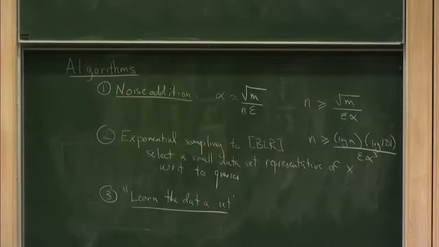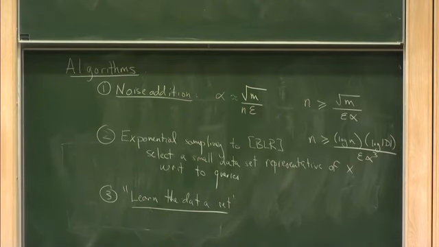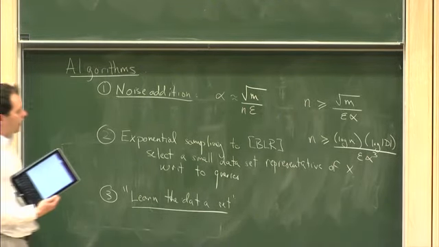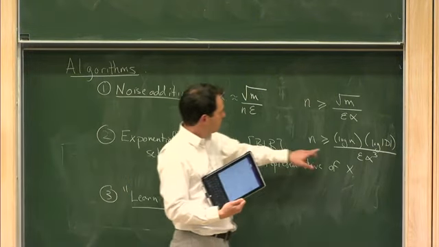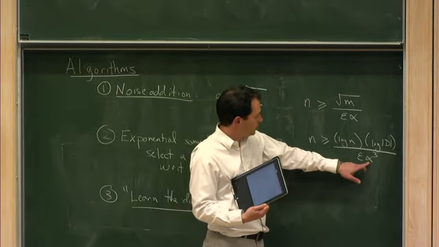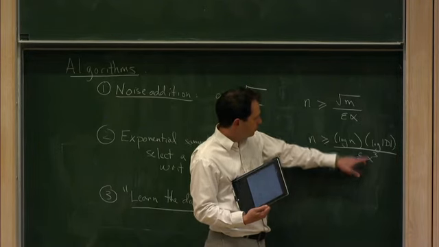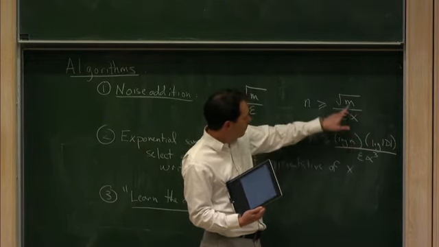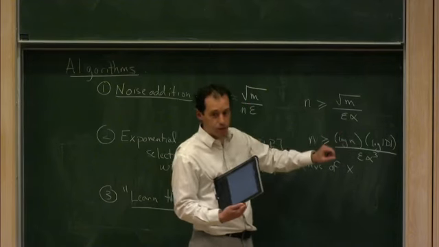What this exponential sampling idea will give you is something that has a worse dependency on the accuracy you want relative to this, but now a much, much better dependency on the number of queries.